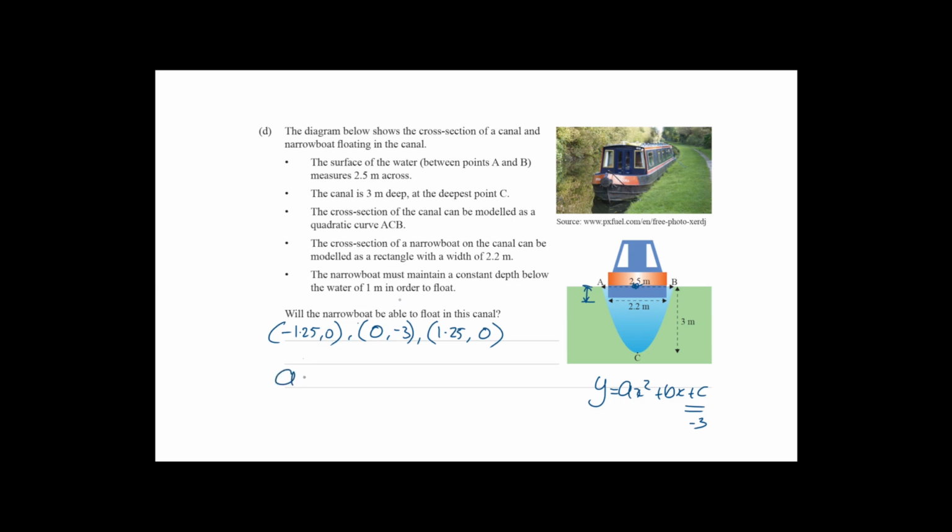So a times -1.25 squared plus -1.25b minus 3 equals 0. You'll see where I'm going with this.